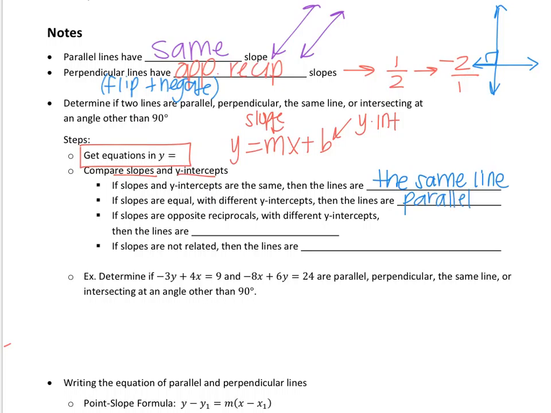The third bullet says if slopes are opposite reciprocals with different y-intercepts, then the lines are perpendicular. And the last one says if slopes are not related, then the lines are intersecting at an angle other than 90.